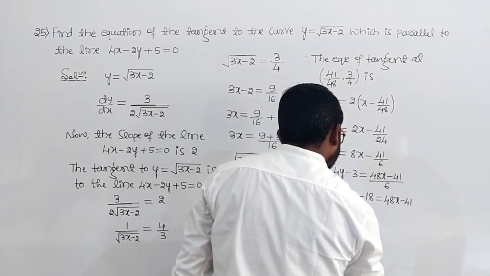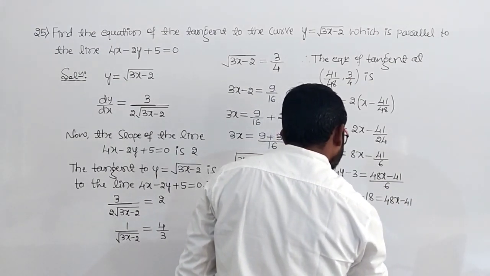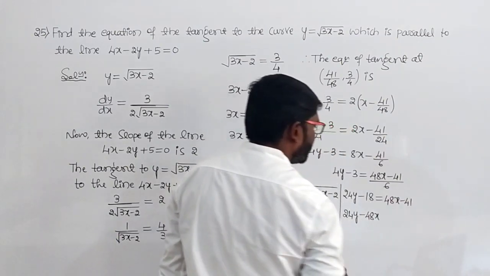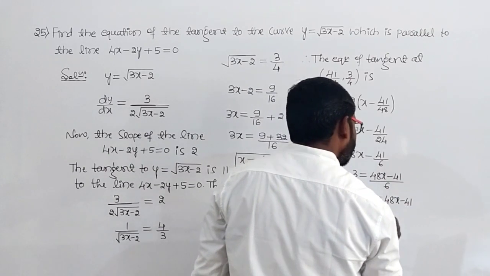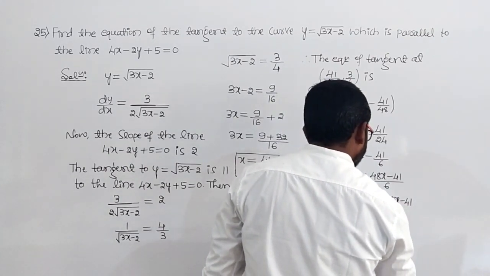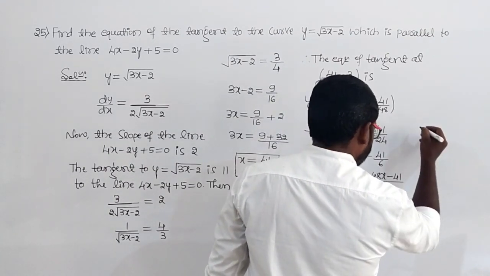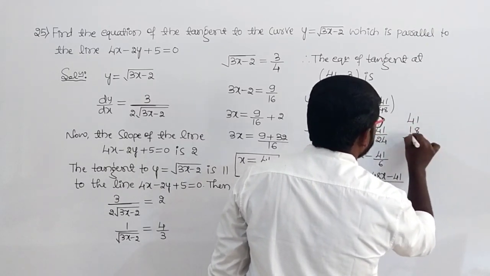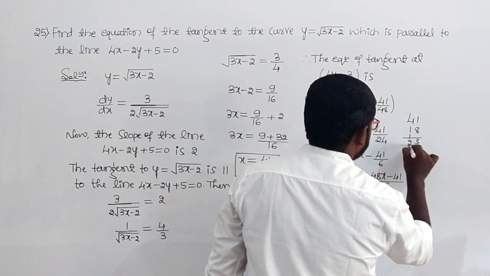You get 24y minus 48x, then take it to the left hand side, it becomes plus. So minus 18 plus 41. So 41 minus 18, you get 23.